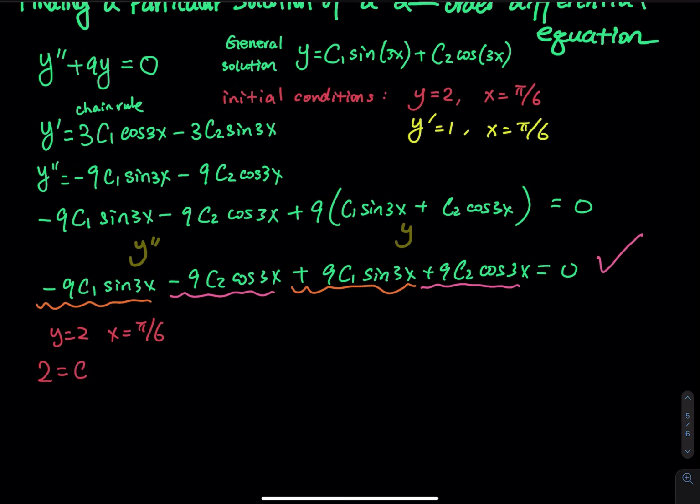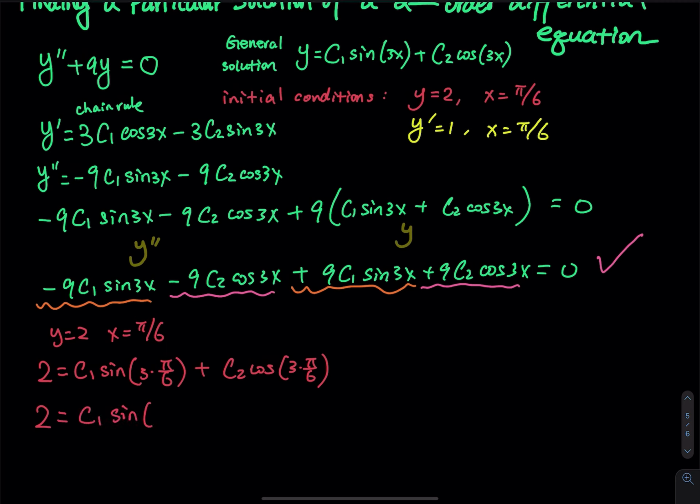So 2 equals c1 times sine of 3 times pi over 6, plus c2 times cosine of 3 times pi over 6, so 2 equals c1 times sine of pi over 2 plus c2 times cosine of pi over 2. So for pi over 2, you have to recall the unit circle.